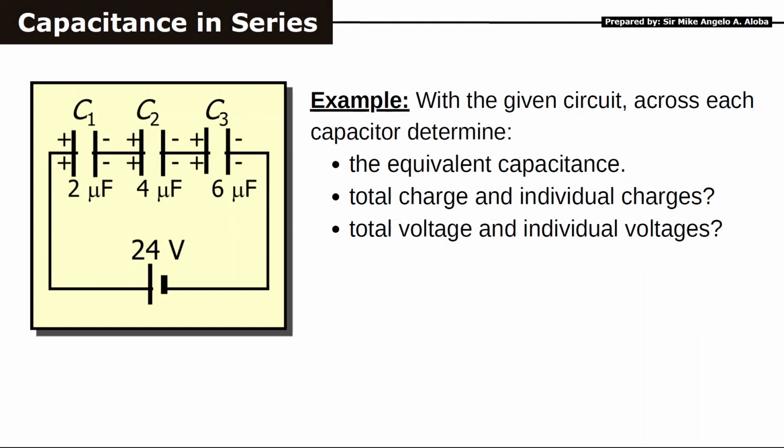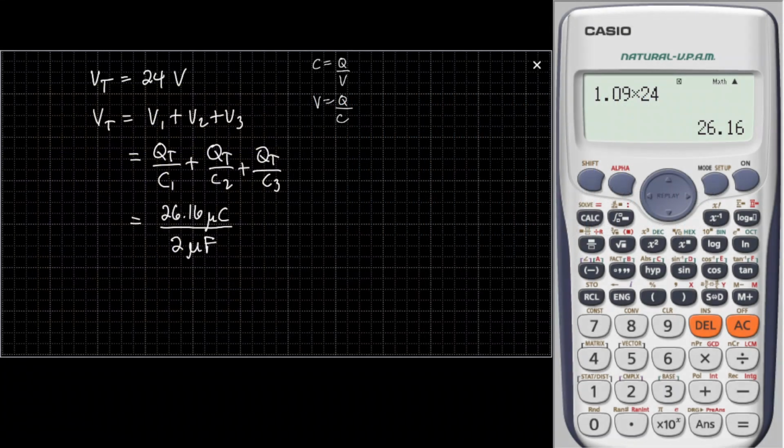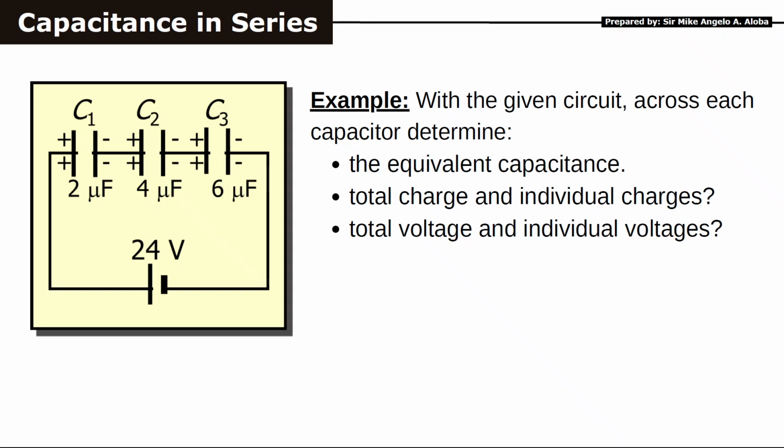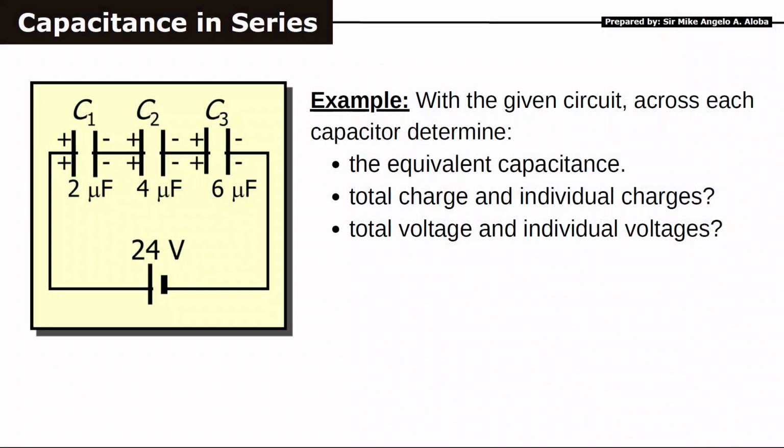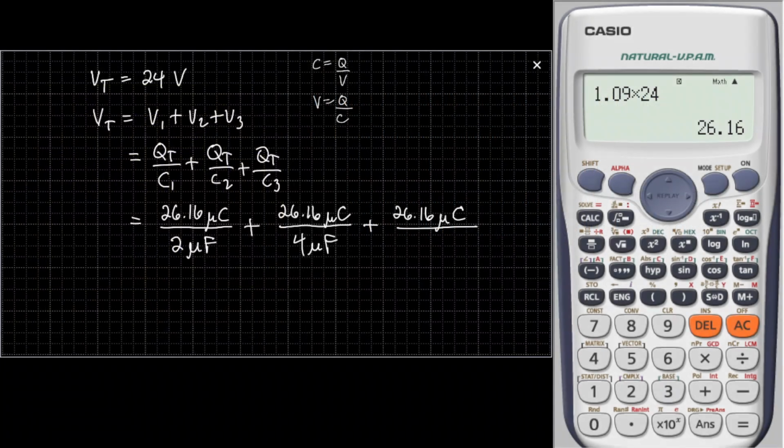So back to the problem, C1 is 2 microfarad, plus 26.16 microcoulomb over C2, which is 4 microfarad, plus 26.16 microcoulomb over C3, which is 6 microfarad.